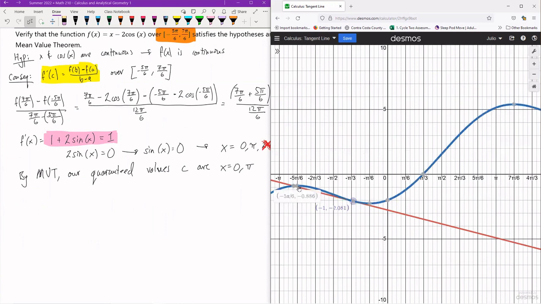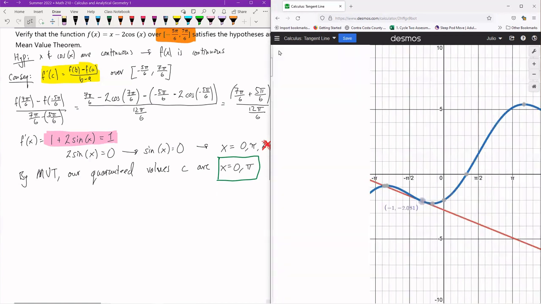From pi over 6, this point up here, the slope there is 1, which makes sense because it's the very top of a squiggle to the very top of a squiggle. According to mean value theorem, there are 2 values, these 2 values right here, 0 and pi, where the slope is equal to 1.